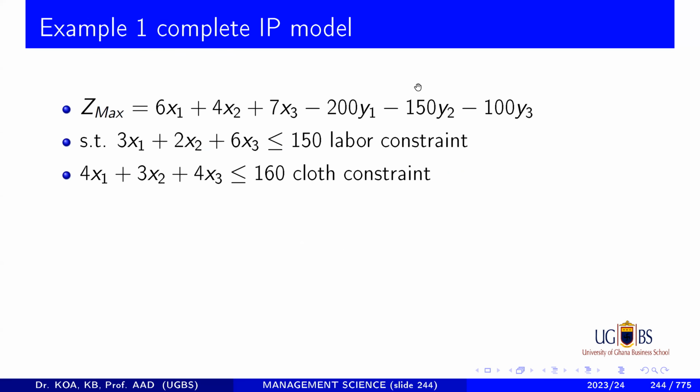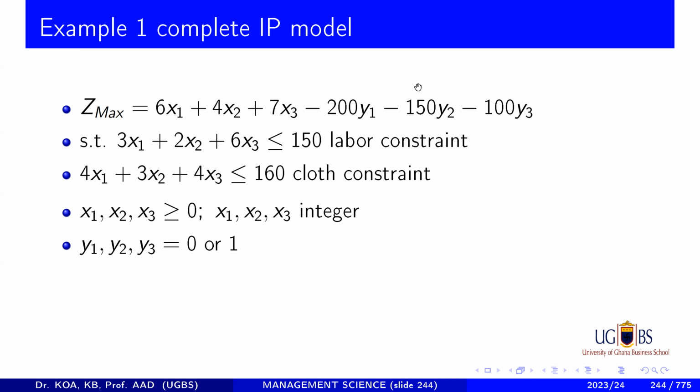So coming back to your question, Opede, you wanted to understand because the x's are different from the y's. Watch it here. These are the x's. The x's must be integers because you want shirts to be not decimals. So they must be integers. But then the y's are binaries. For the y's, you don't need a number of them. You just need them to be there because they are big machines.